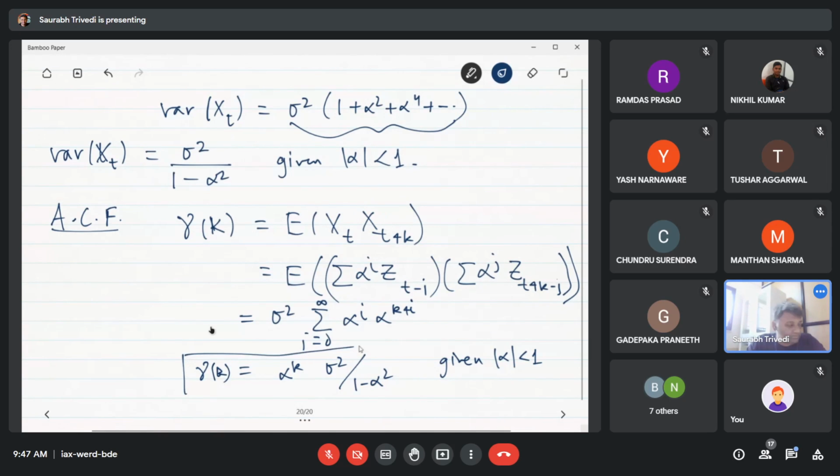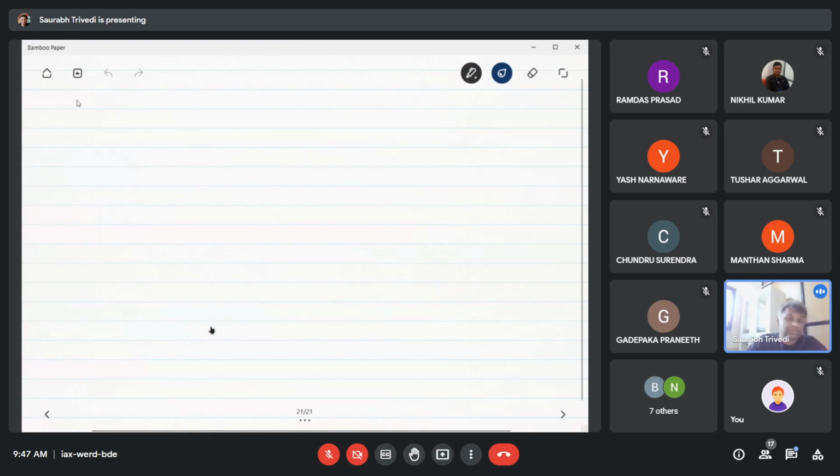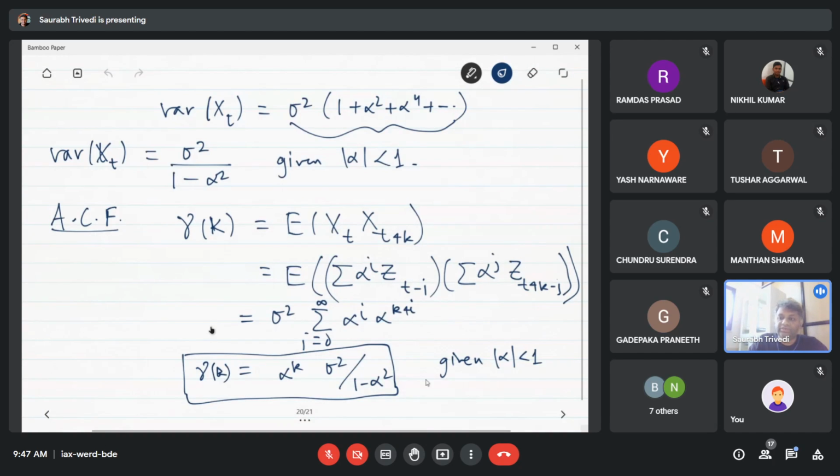Okay, so this gives us a sufficient condition for an autoregressive process of order 1 to be stationary.